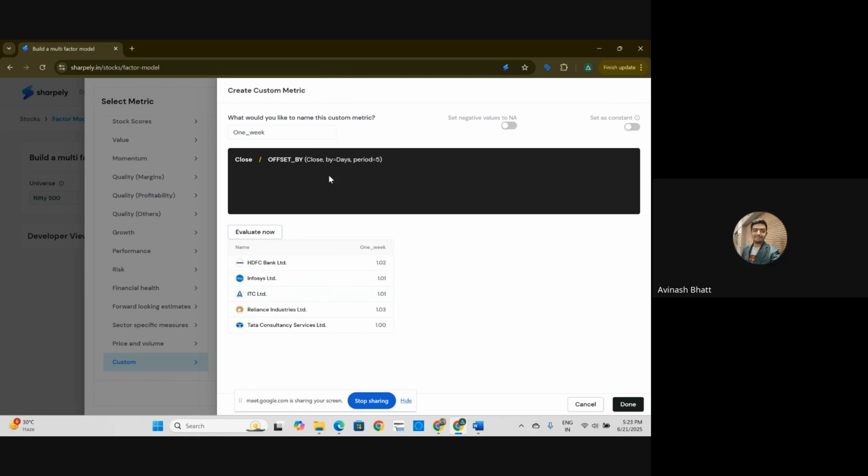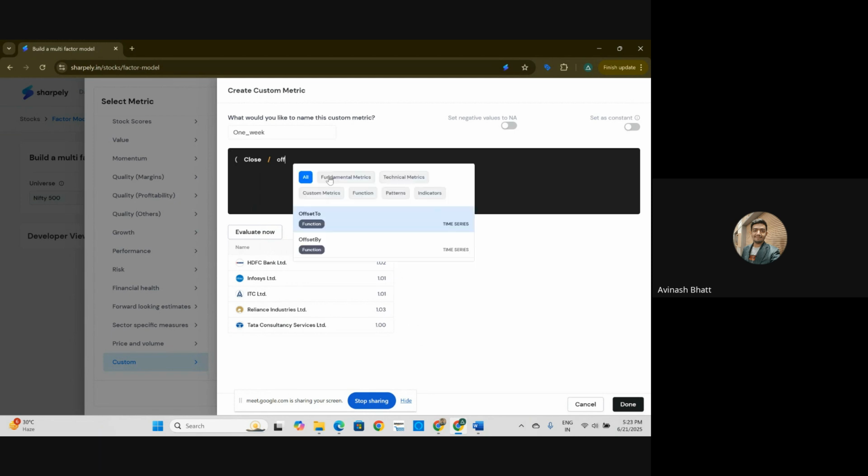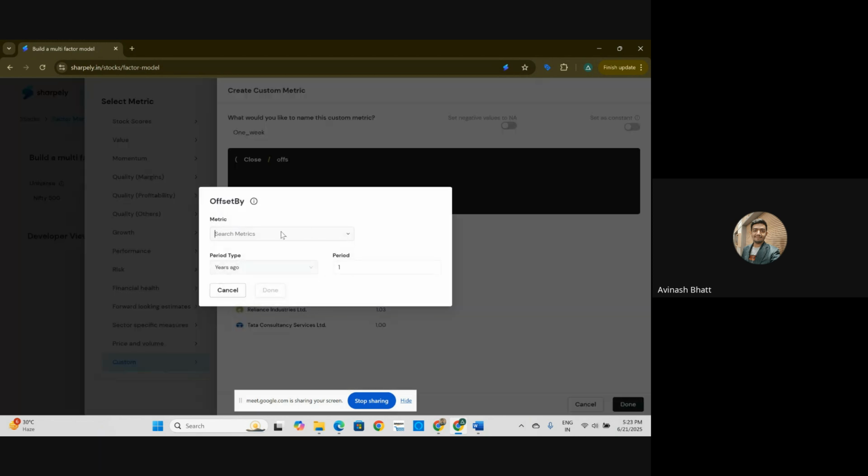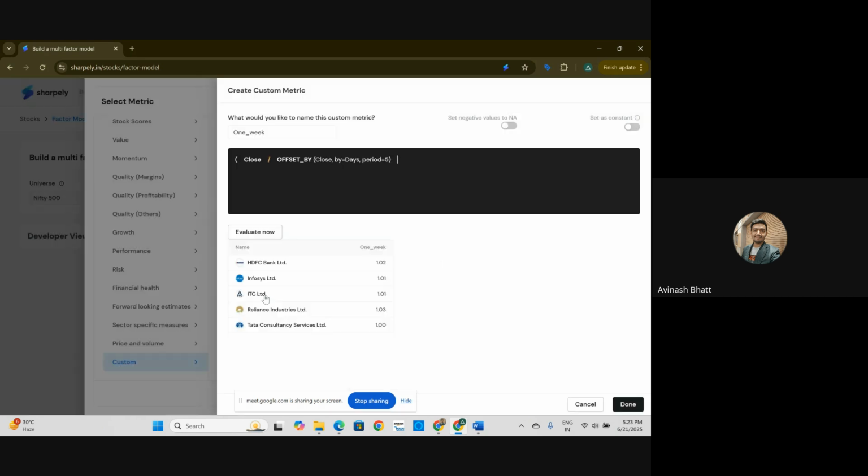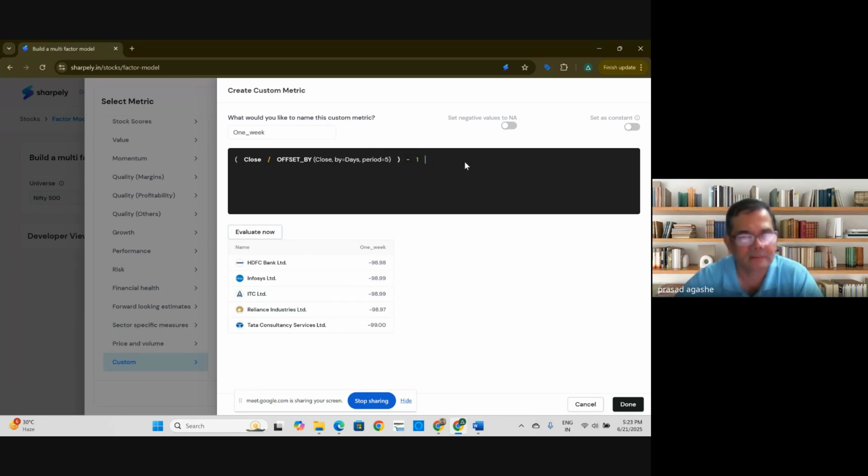What I can do is I can simply close offset by close days, into, actually I have to do -1, right? And then -1, yes. 100. Okay, I also have to take this into bracket. So यहाँ पे bracket. हाँ.